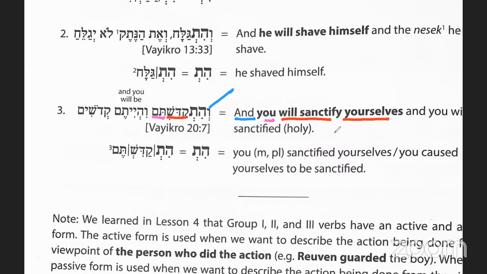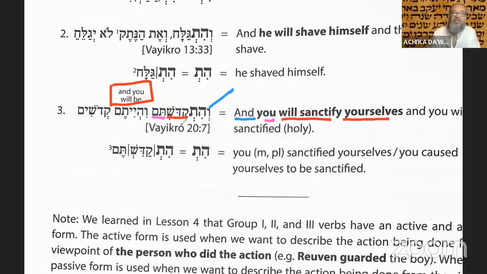Because they said this, and you will be. So the sentence structure is developed, right? This is kind of a little tricky, because remember, this piece of the puzzle, let's call it what it is, this piece right here, which is the hey and the tav, is a piece. And it says that you're doing something on yourself. So the way that you're doing it is you're the one who's doing the action upon yourself.